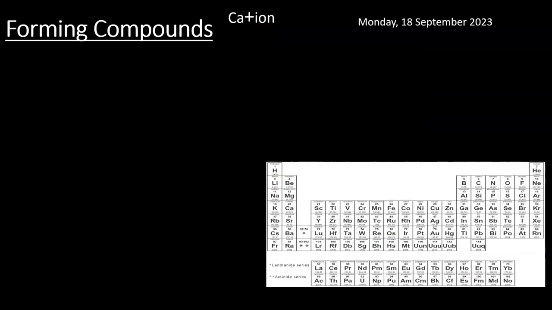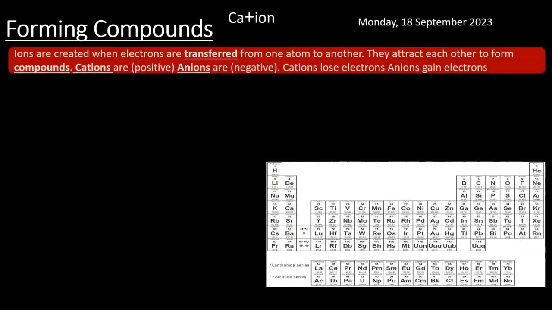Well, of course, when we come to put ions together to form compounds, then we use positive ions and we use negative ions. These are formed when electrons are transferred from one atom to another. The elements which indulge in ionic bonding tend to be the extreme ends of the periodic table as we look at it, namely in the metals groups 1 and 2, that's columns 1 and 2, and the non-metals in columns 6 and 7.